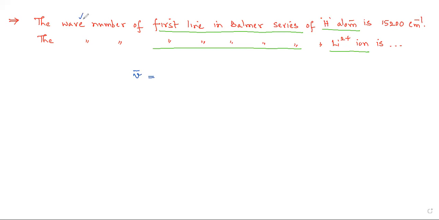Again, going for the wave number. So nu bar is equal to RH into Z square into 1 by, of course, N1 square minus 1 by N2 square. Now, let me tell you that RH is a constant.